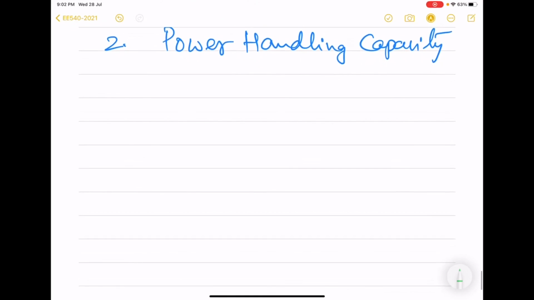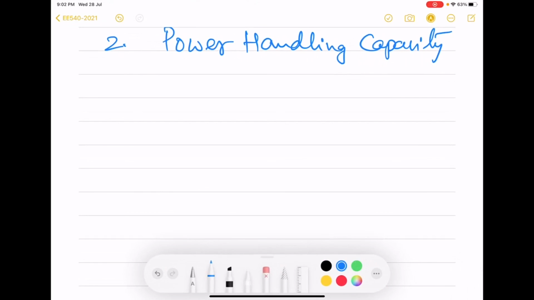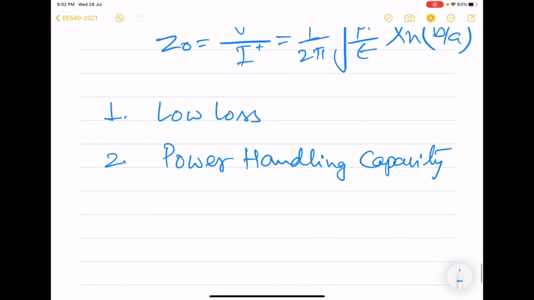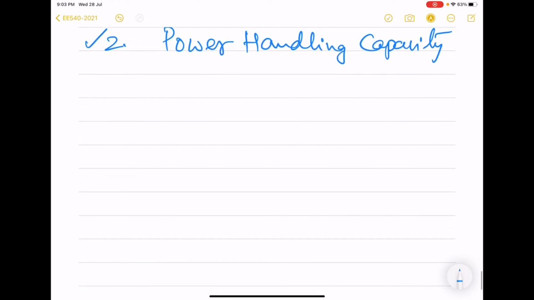So now we want a coaxial cable with ideally no loss and infinite power handling capacity, but that does not happen in real life. So we have to find a compromise between these two. Let us first see the low loss behavior of the cable.